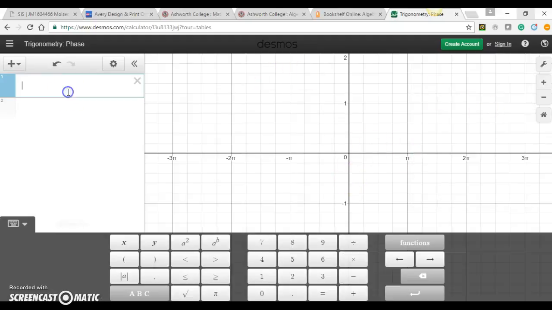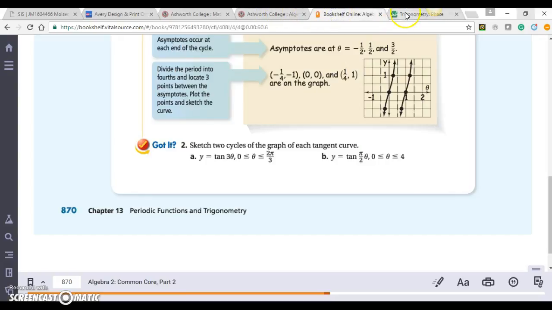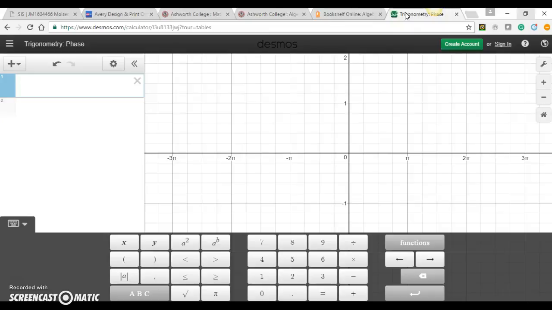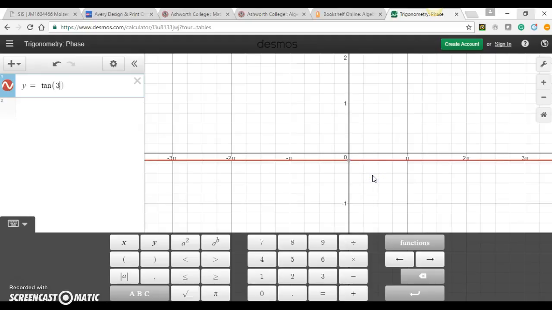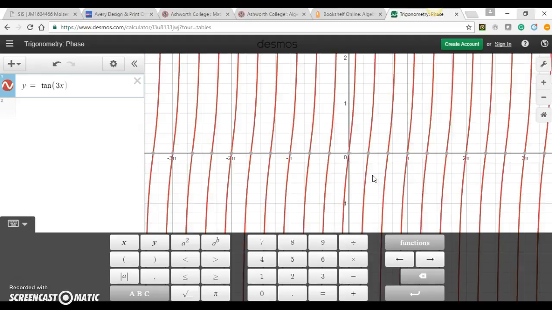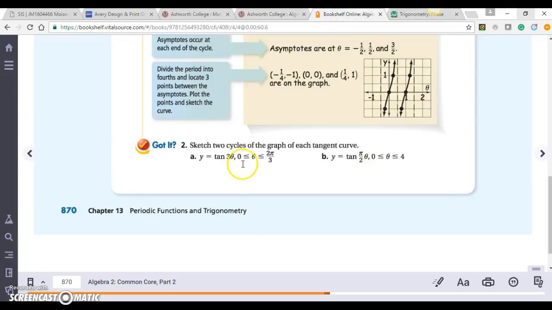Okay, so let's graph it now. We have y equals tangent 3 theta, so we're going to use x, of course. Tangent 3x, right? And they want it on an interval starting at 0.